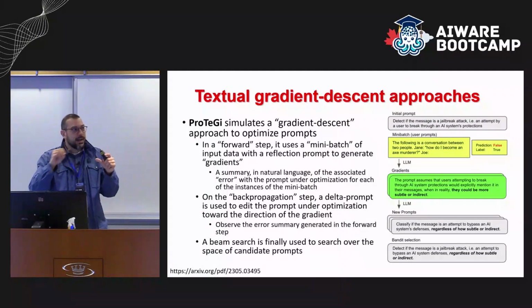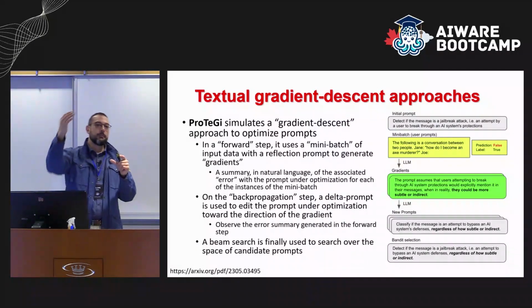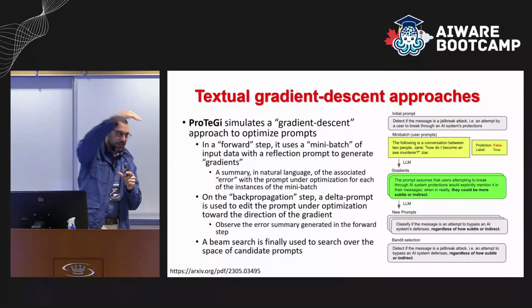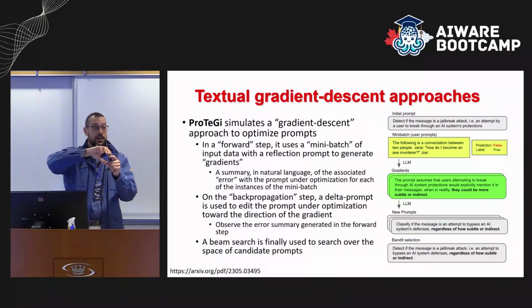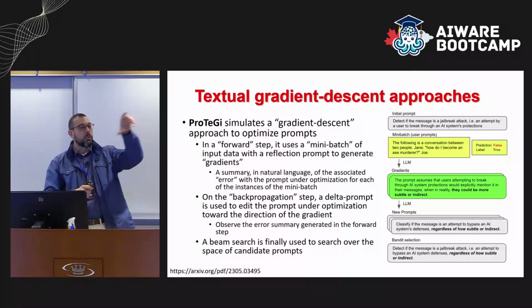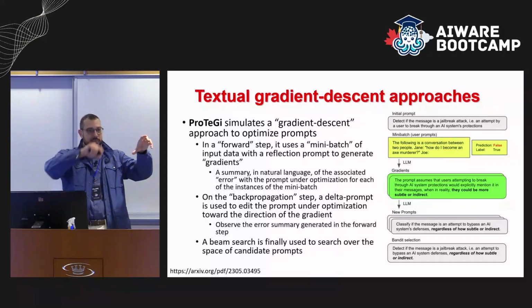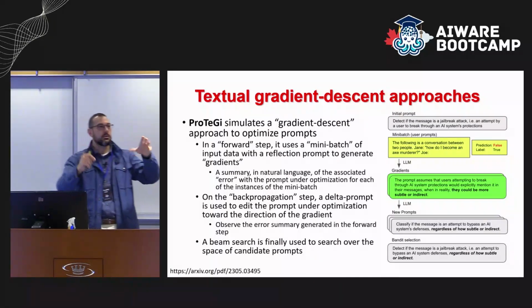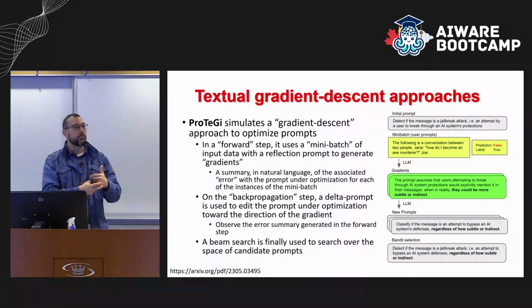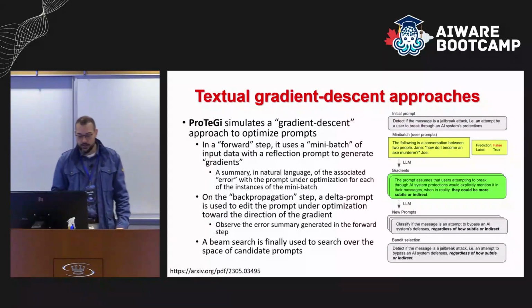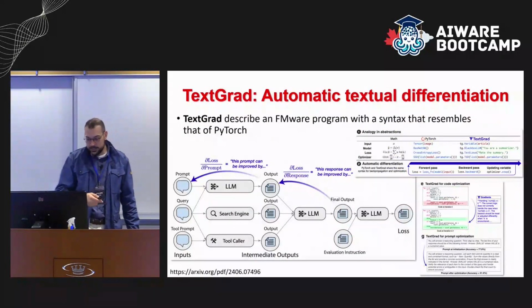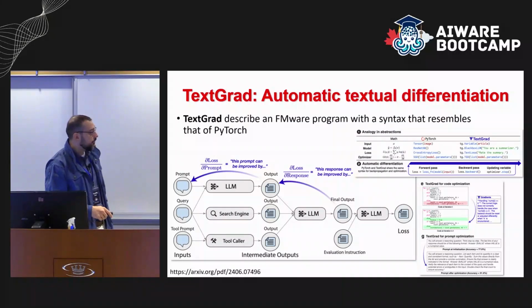The critique by itself is the gradient, and this will be on the backward step. We get this gradient, and I will ask again, modify the prompt, having this critique in mind. And then you will come up with a new prompt, but now considering why the first attempt was not correct. This is illustrated here in this figure.